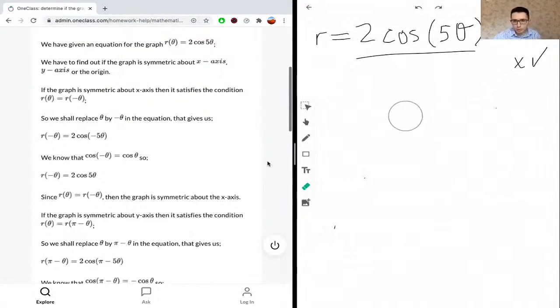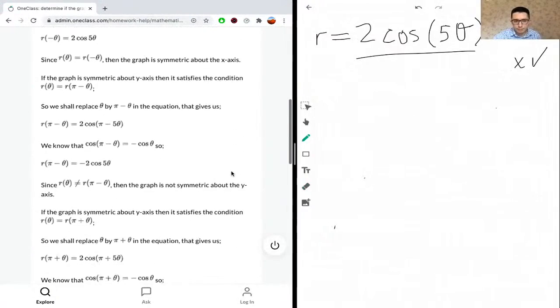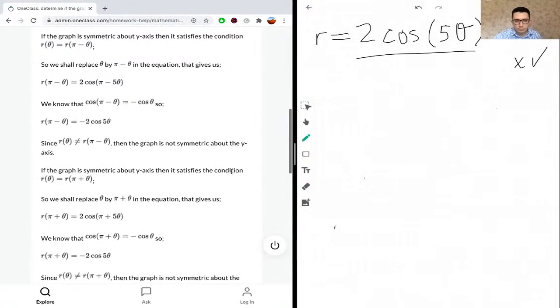And the last thing we want to do is symmetry around the origin. So symmetry around the origin is r theta has to be equivalent to r theta plus pi.